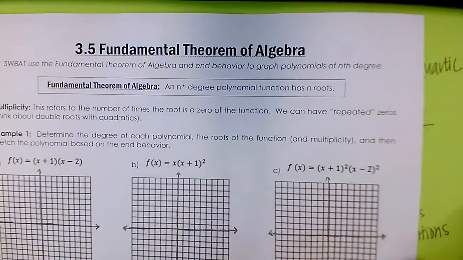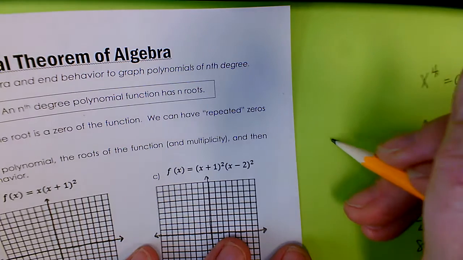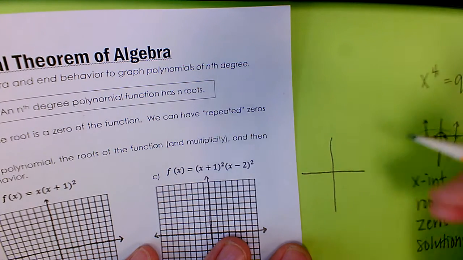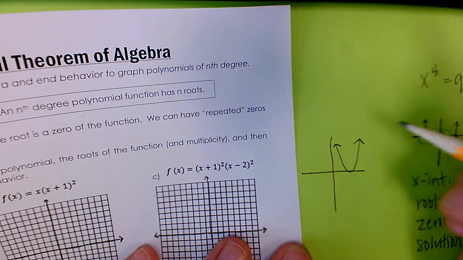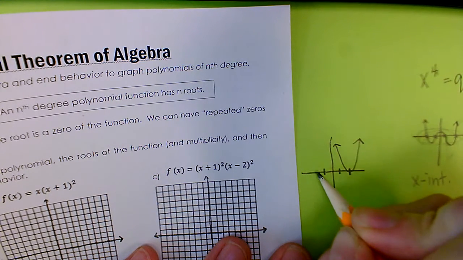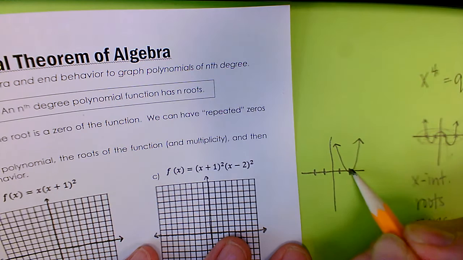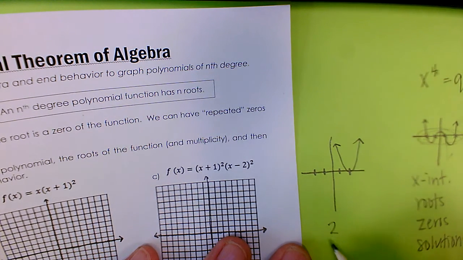We're going to look at some different functions here. First of all, sometimes a graph will not actually cross the x-axis, it just kind of touches down and goes back up. Right? That actually means it's hitting that spot twice. So if it touches it like that, that means this one has the root 2, right, with a multiplicity of 2.